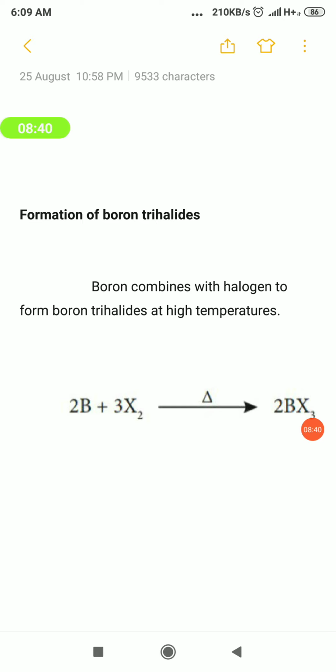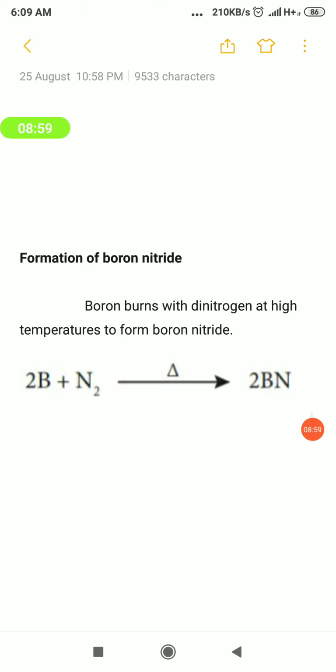The equation is: 2 atoms of boron reacting with 3 molecules of halogens. The resultant compound will be boron trihalide, generally given as BX3. So the preparation of boron trihalides is over.